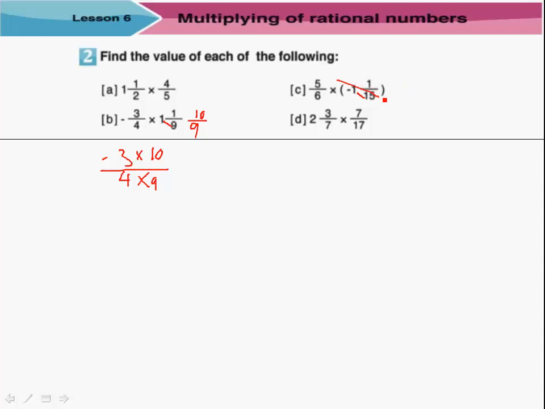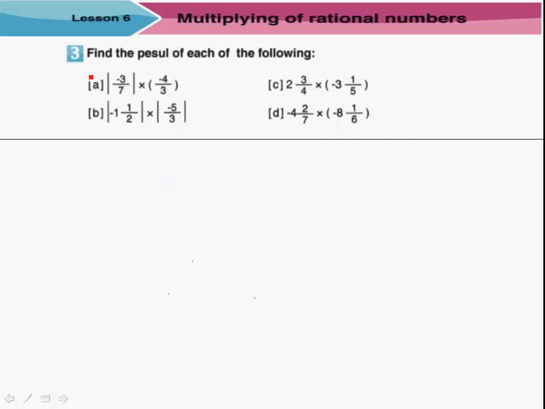So this rational number will be minus 16 over 15. It is very easy. Please complete. And this one, 7 times 2 is equal to 14, plus 3 is 17. So it will be 17 over 7 times 7 over 17. And please complete.